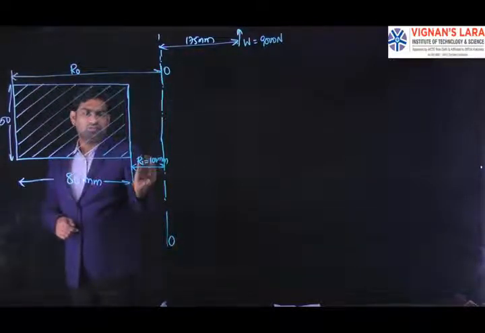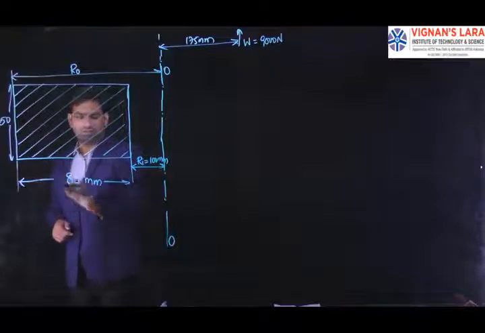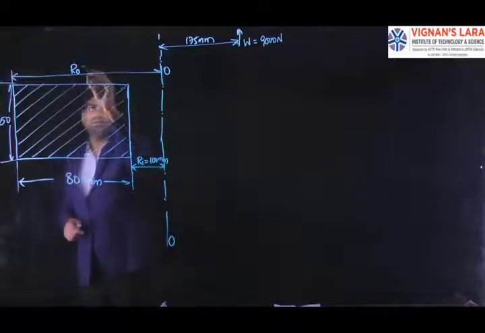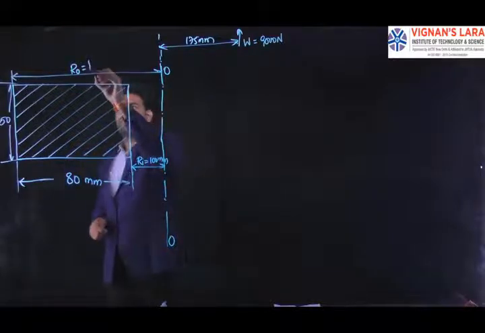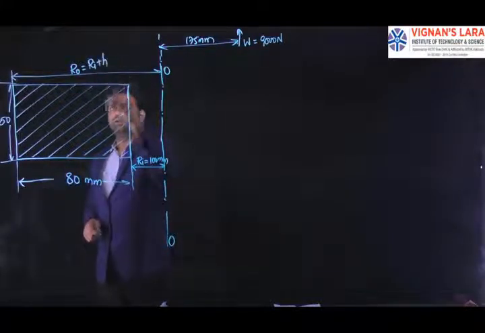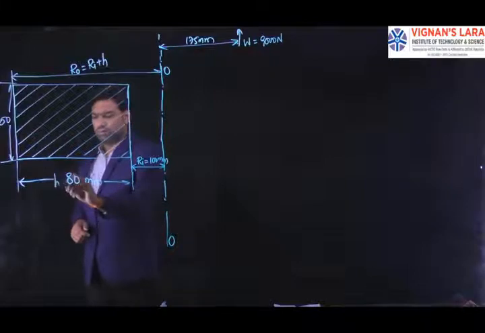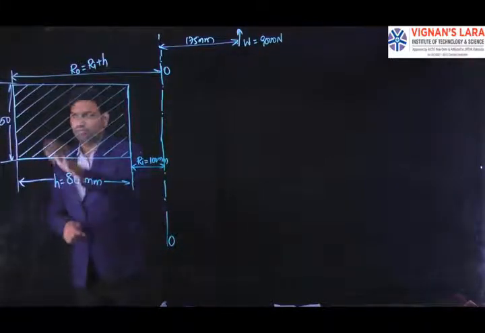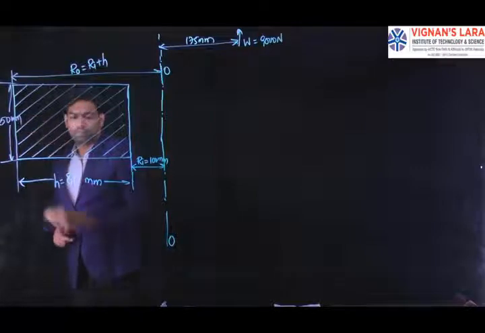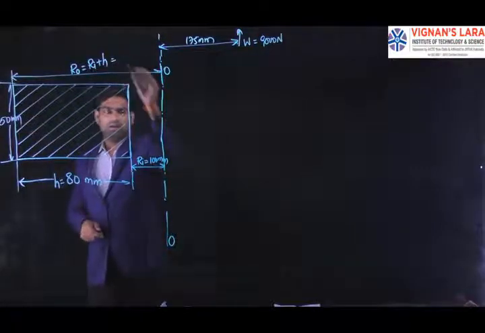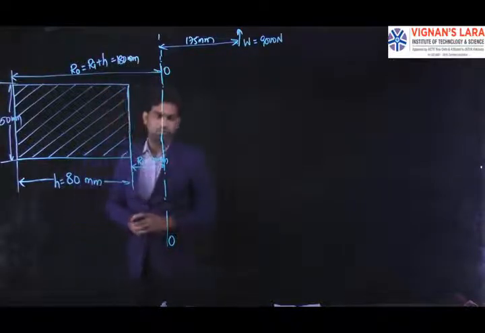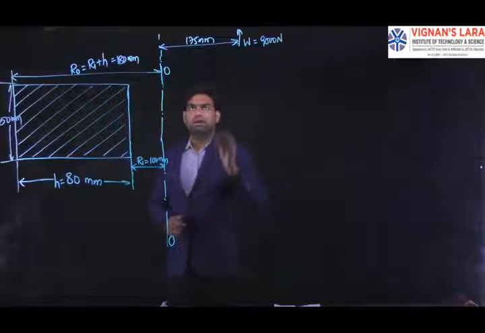That is Ri plus the total depth of the cross section, which gives the outer radius of curvature: Ri plus H. The total depth I denote with H, and B equals the width, 50 mm. Clear? Here Ri is 100 mm and H is 80, so the total Ro equals 180 mm. Clear?